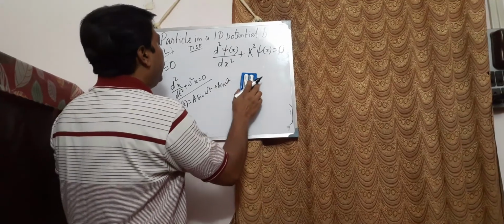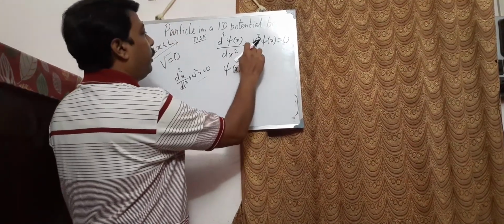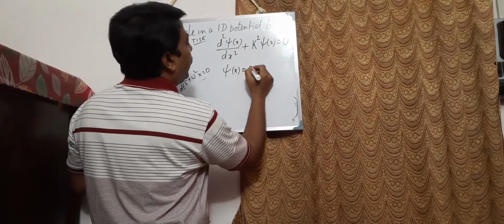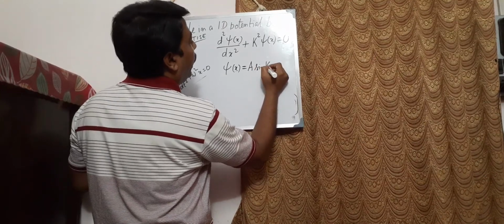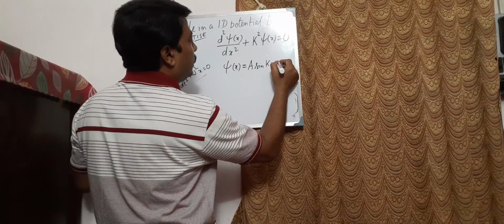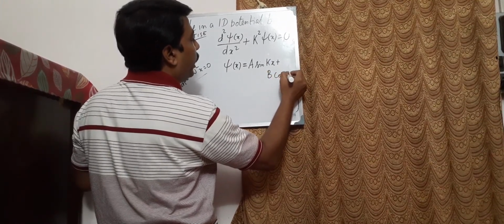we can write this ψ(x) as, mind that here we have k in place of ω, so ψ(x) will be some a sin kx plus b cos kx.